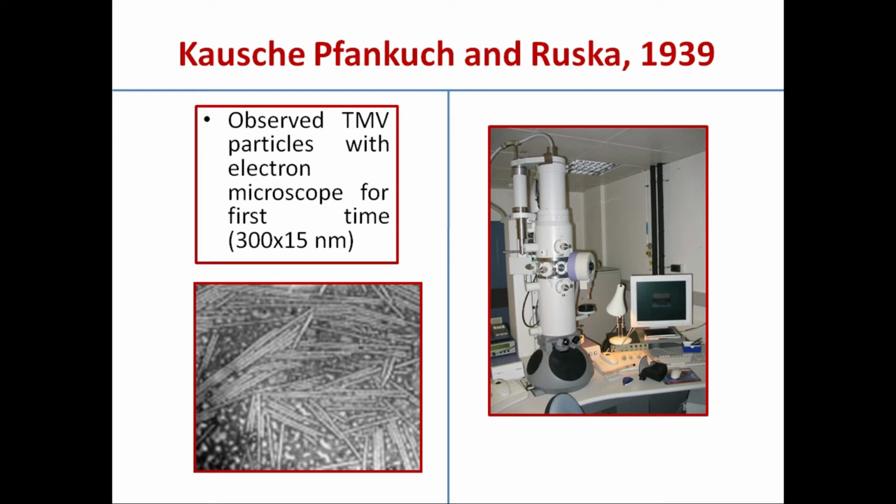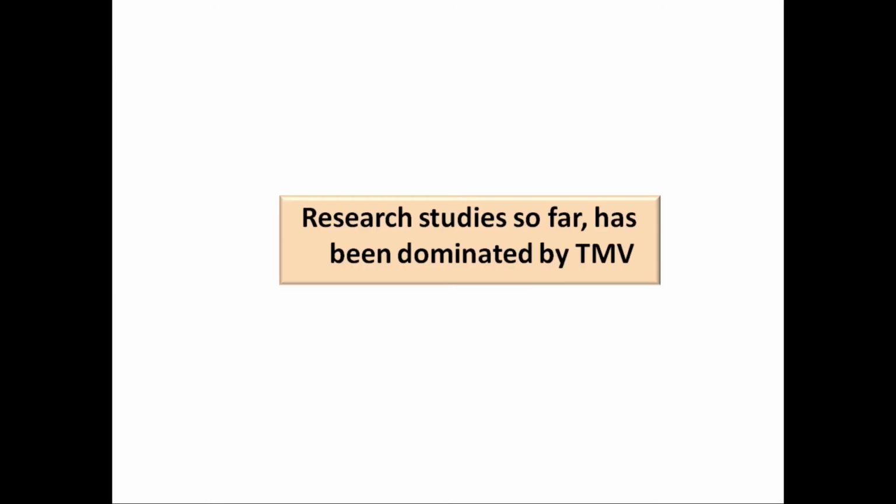So it was a landmark development to see the virus for the first time. Now we know the nature of viruses, that viruses are nucleoprotein, and we also know the shape and size of tobacco mosaic virus.